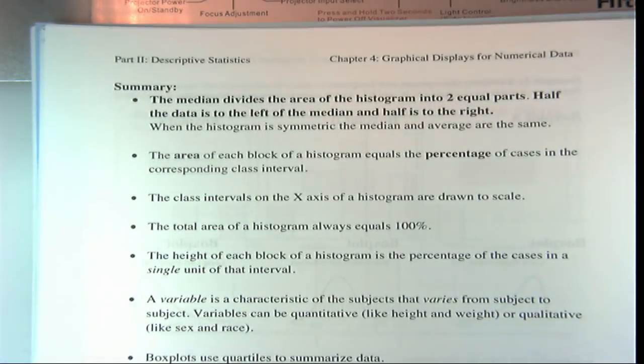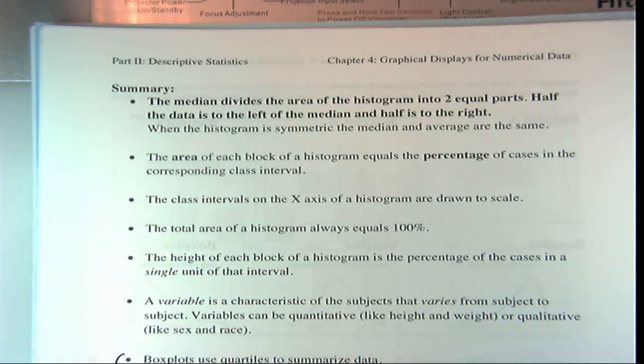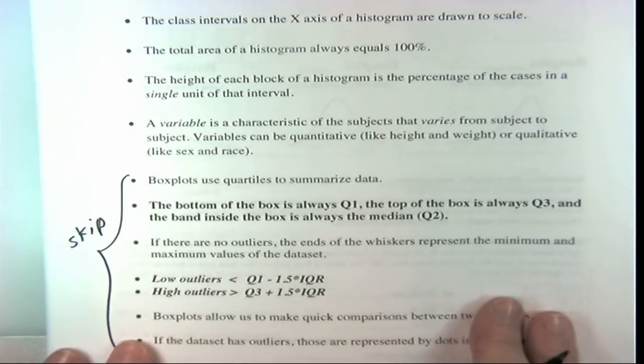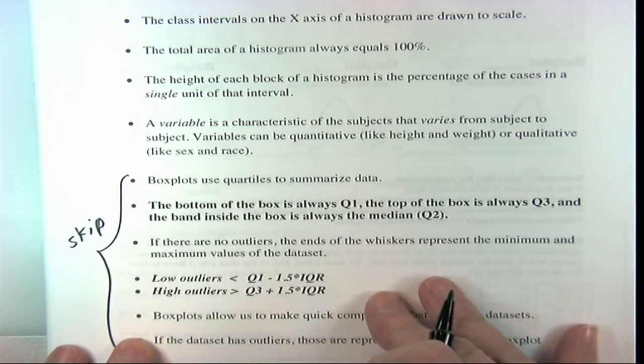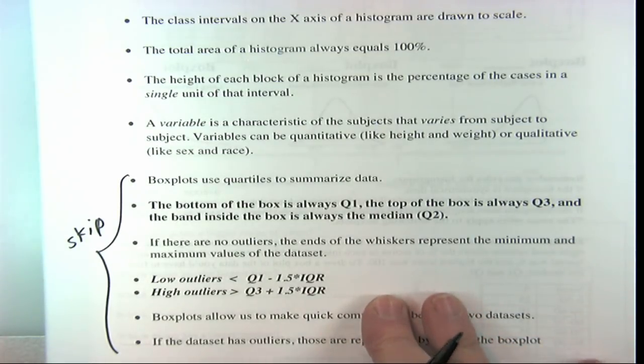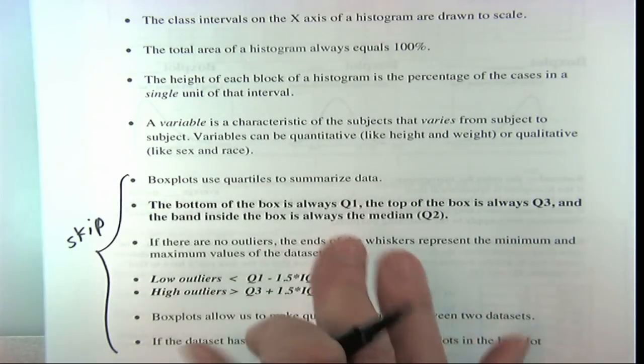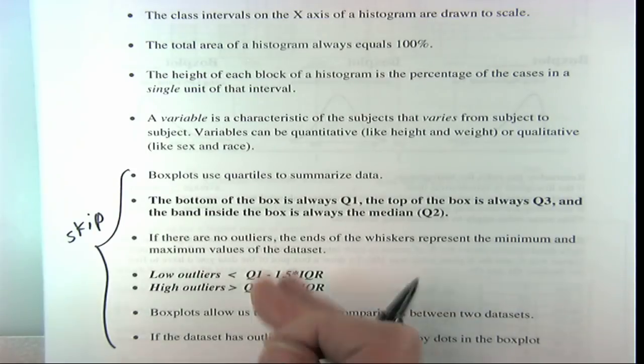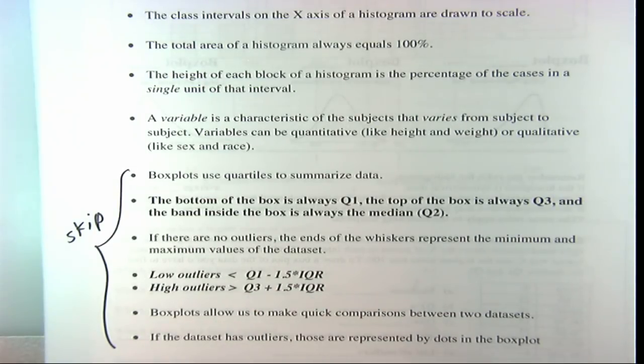Okay, this is the part we're skipping, so you can ignore it in the summary. I want to say that this is a useful graphical display when the data is skewed, because the measure that you use here is the median, the middle, and then you look at percentiles.